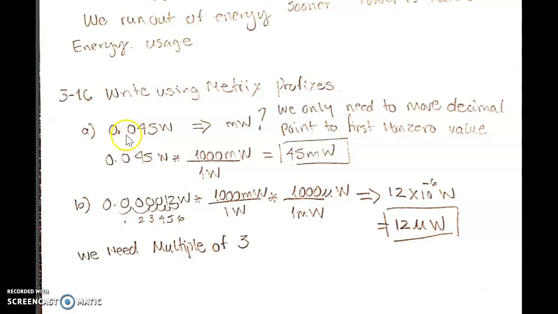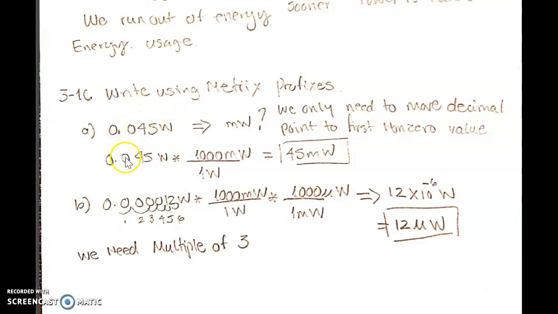It's milliwatt because we stop when we find the first non-zero value that is a multiple of 3. What does that mean? That means that if I move this decimal point a multiple of 3 and I find a non-zero value, then that's where I stop.